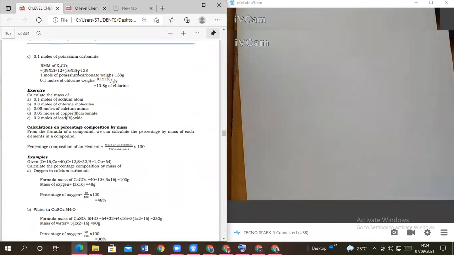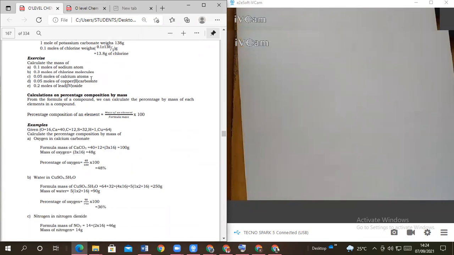Then now you can get relative molecular mass. 1 mole is equivalent to relative molecular mass of that substance. Then 0.1 will give you a certain mass. This is not chlorine. This is what? So you will do this. Maybe those ones who are not there, you can do part of that. So that is what we looked at last week.